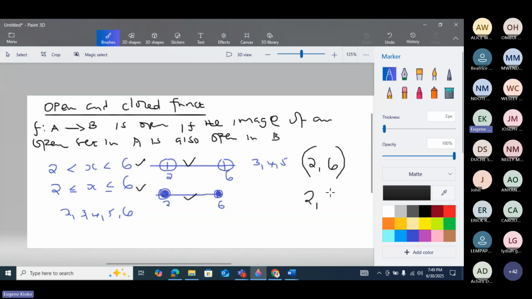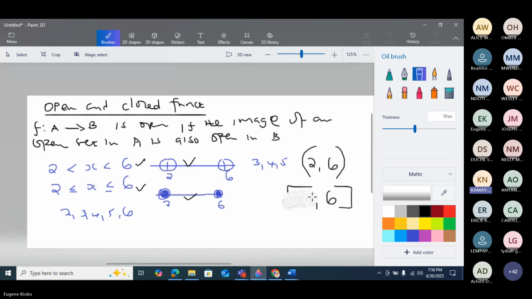Or closed, that is to mean 2 is included, 6 is also included. I was just giving a recall so that you understand what is happening. So now I can go straight to the example.